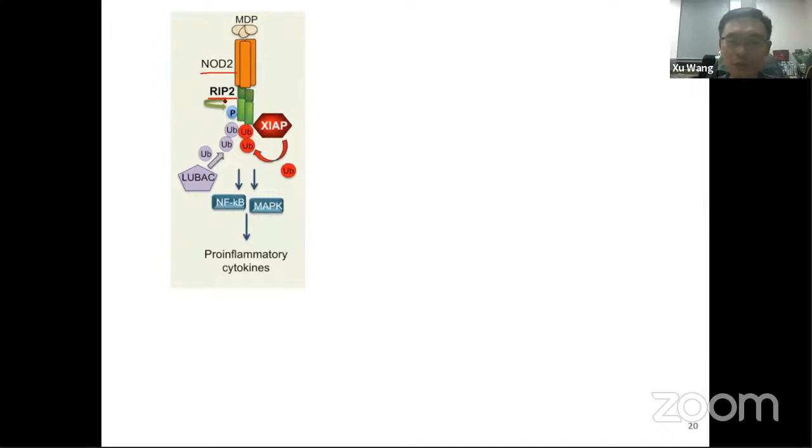Then RIP2 is ubiquitinated and activated. The ubiquitination signals are required for the activation of RIP2. And we can see from here, LUBAC and XIAP are E3s. They mediate the ubiquitination of RIP2.